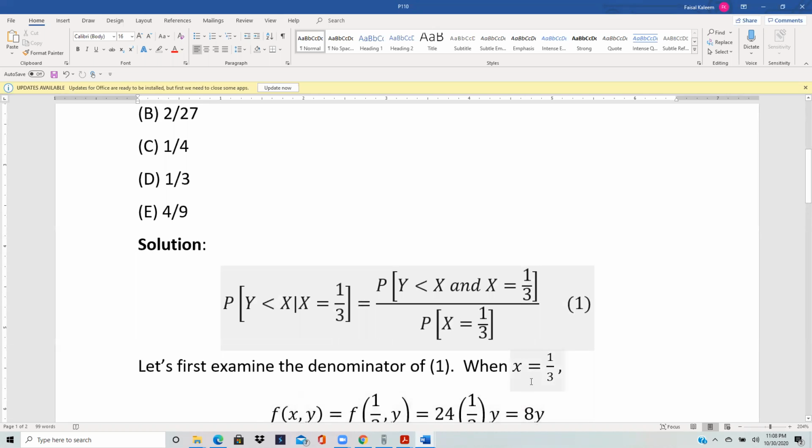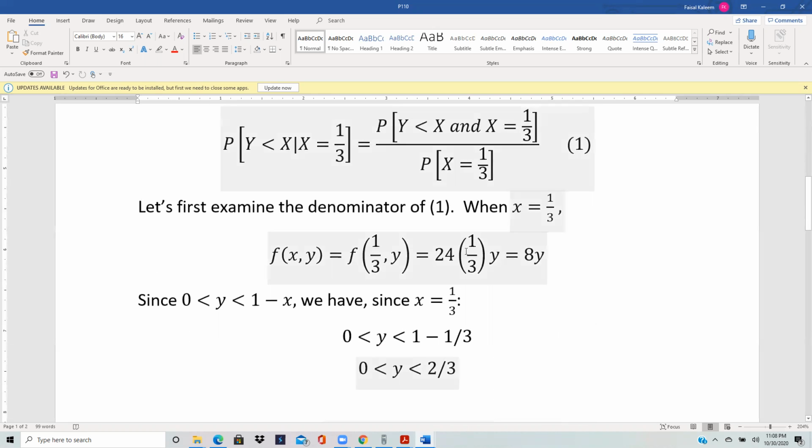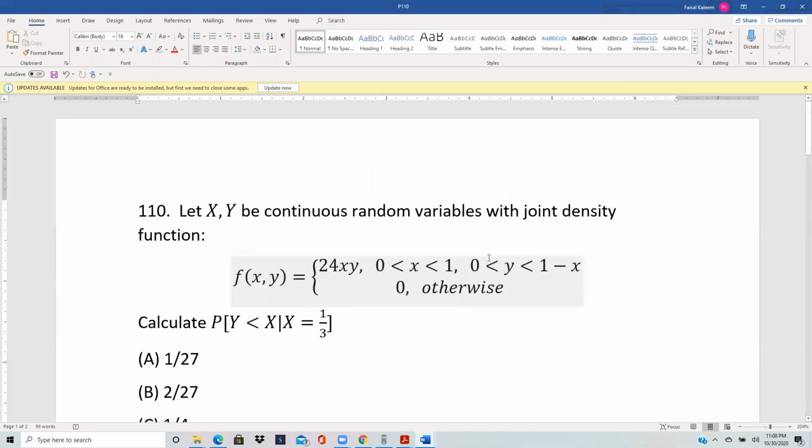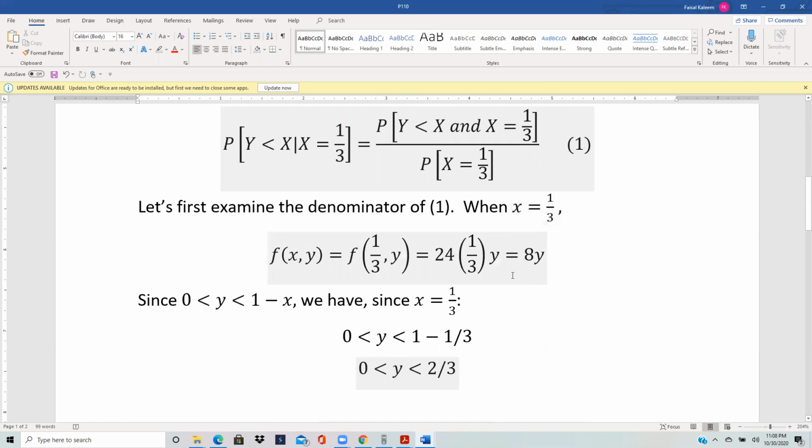So when x is 1/3, the f(x,y) becomes f(1/3, y). So you just substitute 1/3 for x. So you get 24 times 1/3 y. All right, x is replaced with 1/3, and you get 8y.